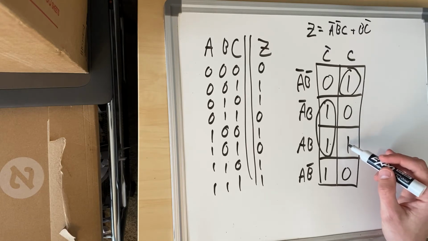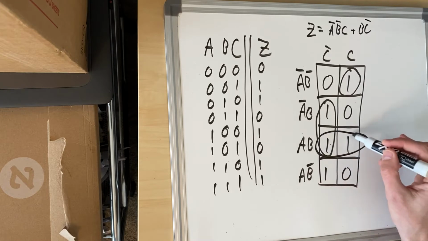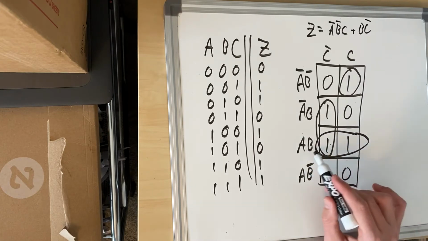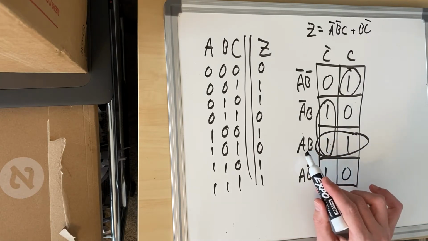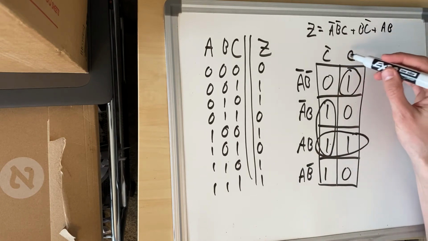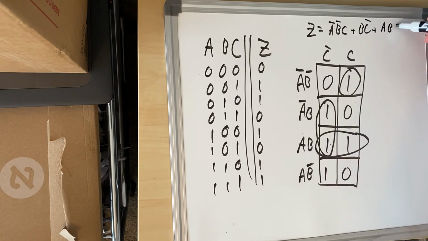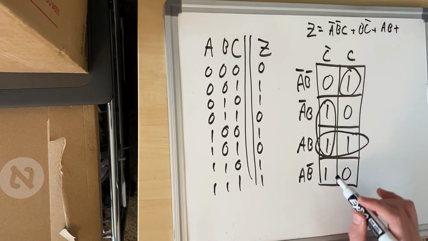Now we have this guy, he's with him. We'll circle him. What we have here is a line. So usually if you have a line, it's just going to be whatever's here. A, B, or A, B. Because up here, it doesn't matter whether C is a 0 or 1. As long as A and B are there, you get a 1. And our last one would be this guy.